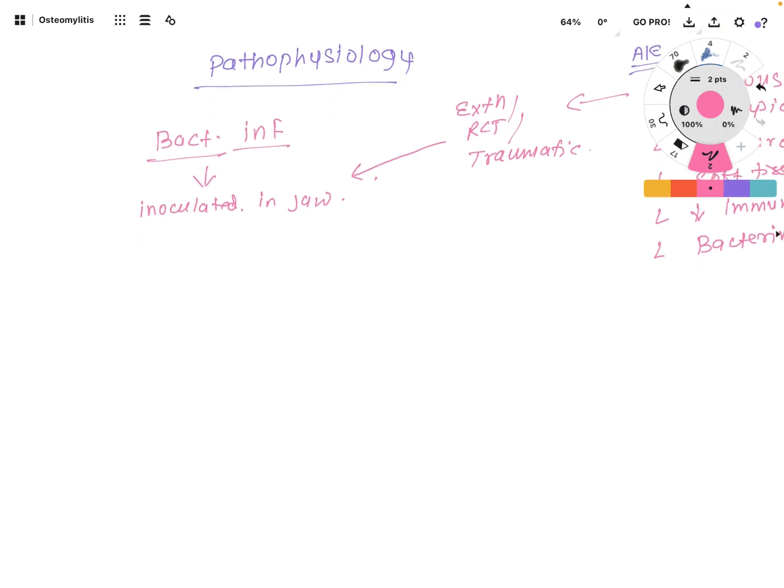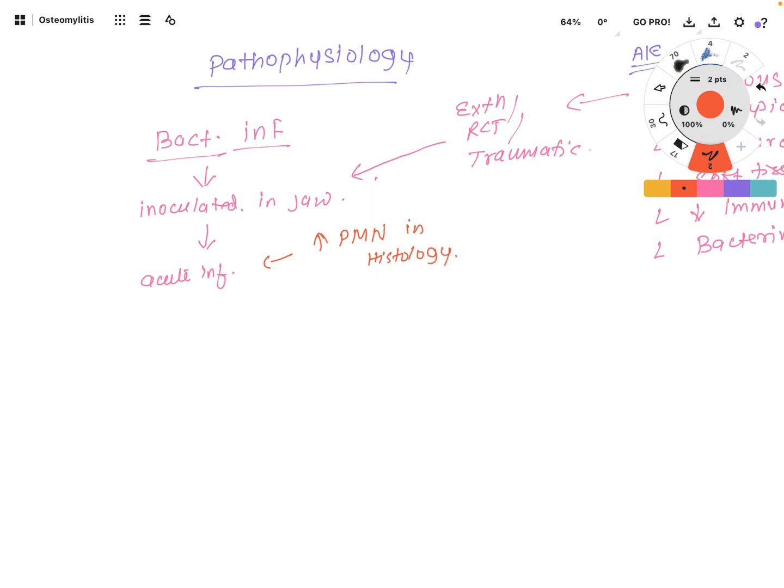So what will happen? Bacteria is within the jaw and it will cause acute infection. If there is acute infection, what will you have? Increased PMN, basically neutrophils, in the histology of your bone, right?